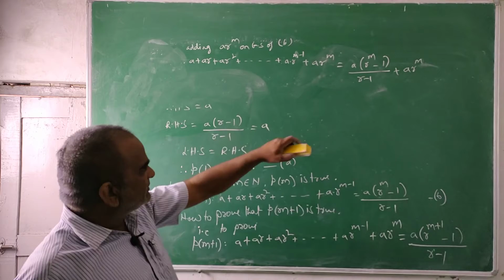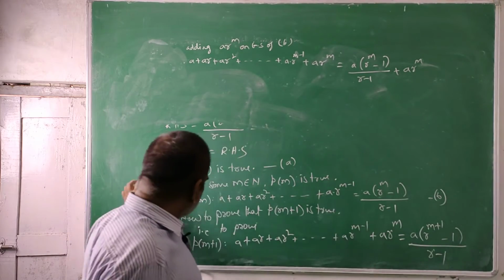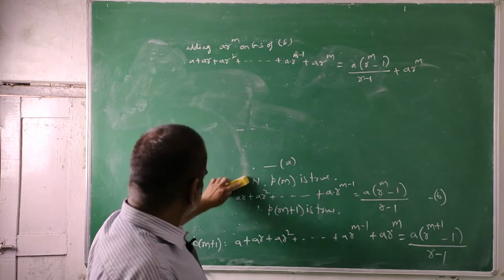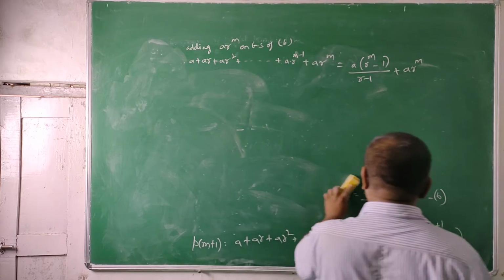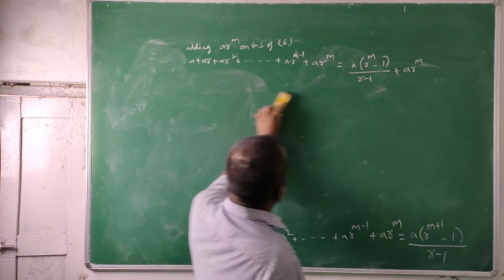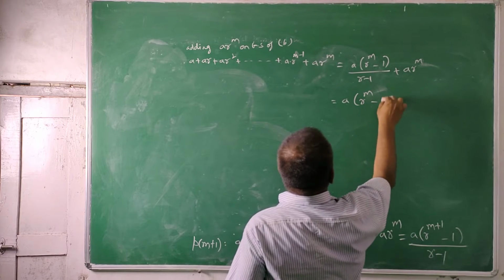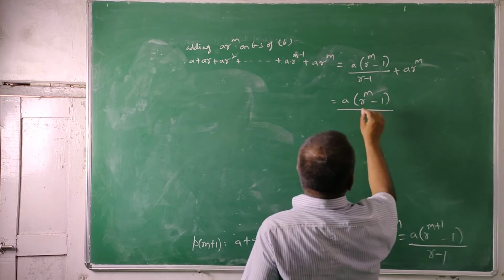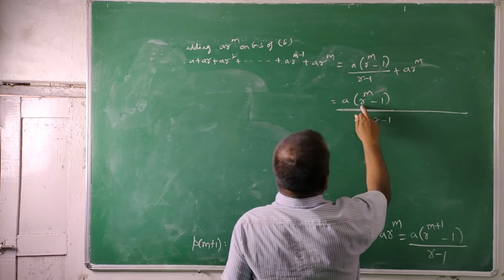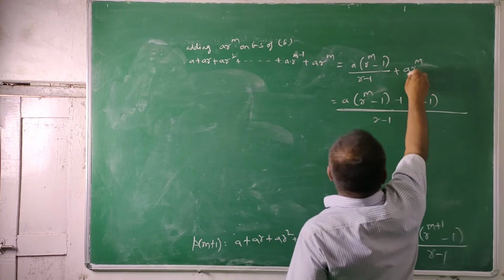So now we have to further simplify the RHS until you reach this. So let us see what happens. So now this is equal to a(r^m - 1)/(r - 1). Now if you go for LCM, r - 1 is the LCM. So a(r^m - 1) plus (r - 1) into a r^m, because here there is 1.